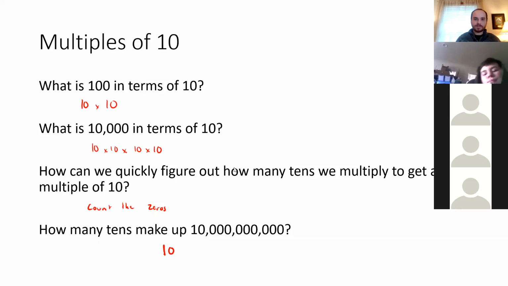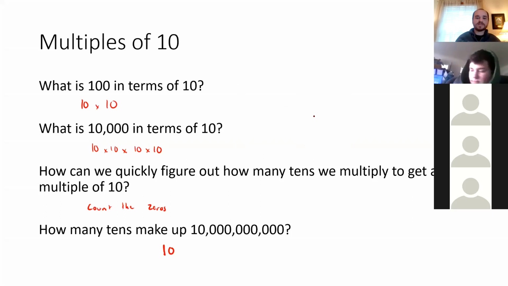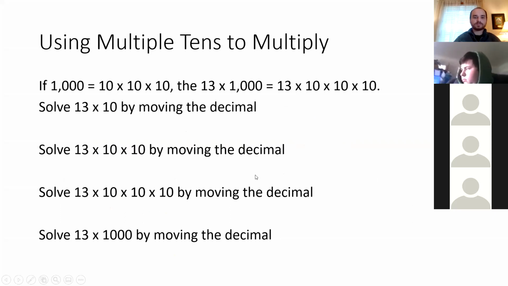Okay, so now we know how to quickly figure out how many 10s are in a multiple of 10. Now we're going to look at how to use this. If 1,000 equals 10 times 10 times 10, then 13 times 1,000 equals 13 times 10 times 10 times 10.